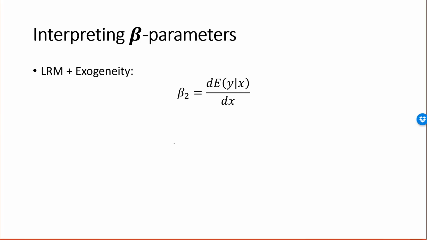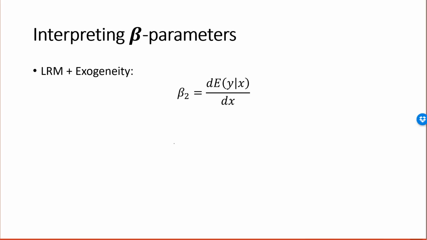In terms of our example, if a student studies 1 more hour, how much will that increase the conditional expectation of the result on the final exam? We can only state things in terms of expected value because we don't really know what's going to happen with an individual exactly, since each individual has its own error term. But on average, the result will increase by an amount which is exactly equal to beta 2.